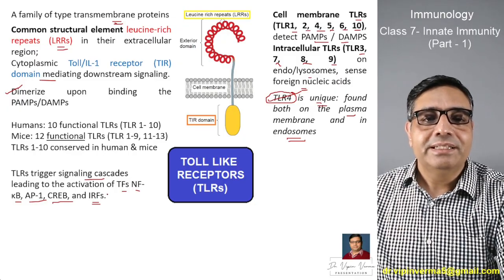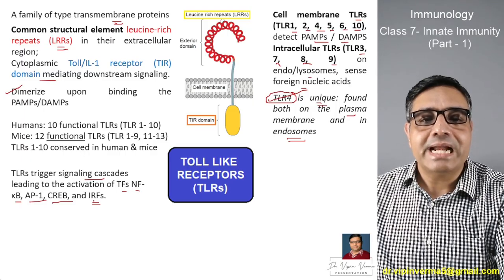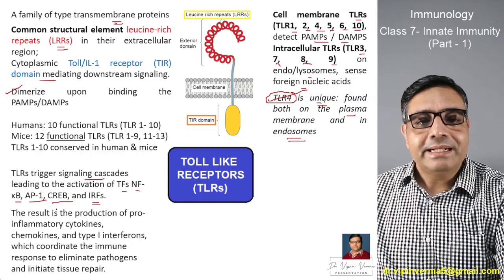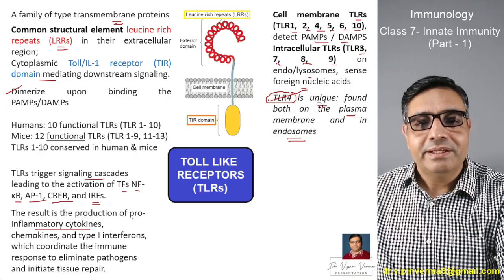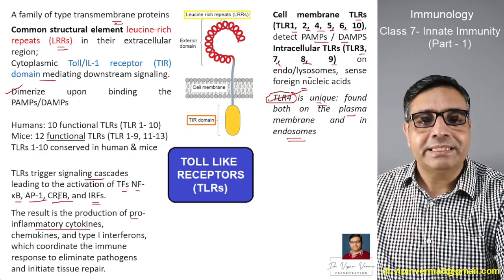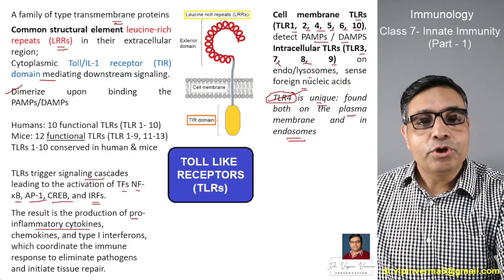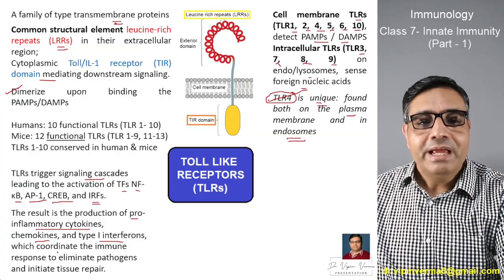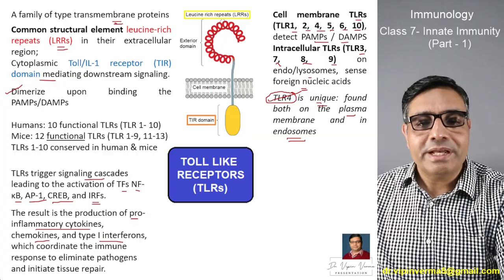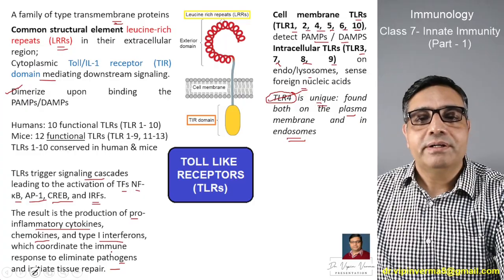The result is the production of pro-inflammatory cytokines, chemokines and type 1 interferons. You remember in our last discussion on cytokines, all these things came. These coordinate the immune response to eliminate pathogens and initiate tissue repair. So that's how they work.